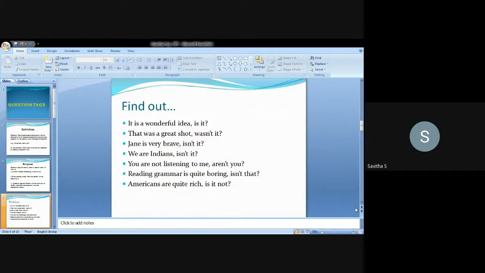Look at these examples. Find out from the statements and see if the tag questions appended to them are correctly used. It is a wonderful idea, is it? That was a great shot, wasn't it? Jane is very brave, isn't it?